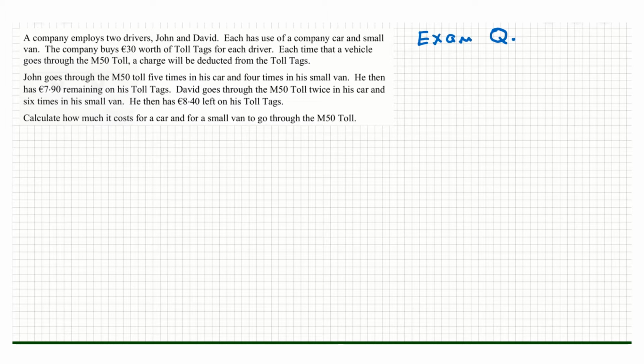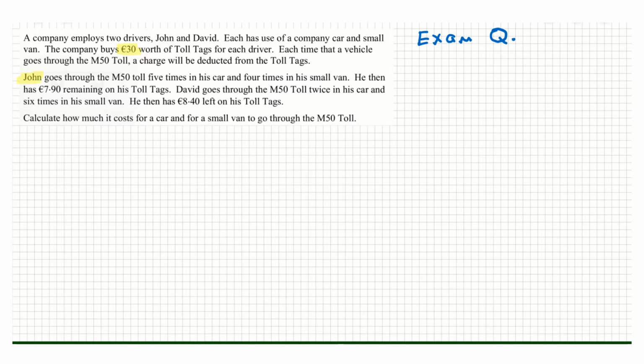A company employs two drivers, John and David, each use a company car and a small van. The company buys €30, I'm going to highlight that, worth of toll tags for each driver. Each time a vehicle goes through the M50, a charge will be deducted from the toll tags. John is one person we need to know about here.